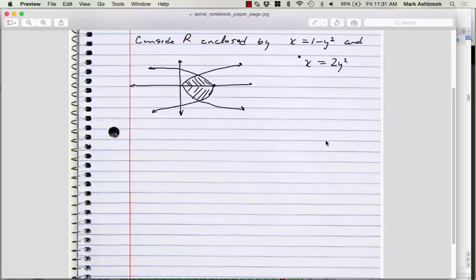If we did it with respect to x, how many integrals would we need? 1, 2, 3. How many integrals do we need if we did it with respect to x? Yeah, we could do it in 2.